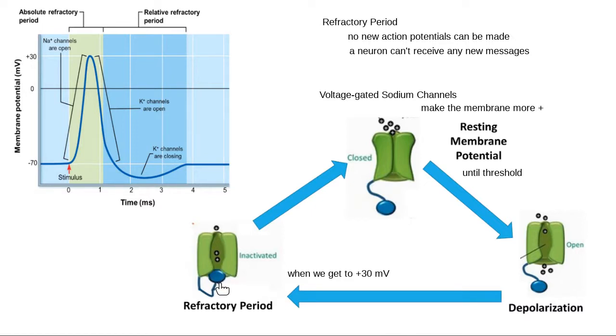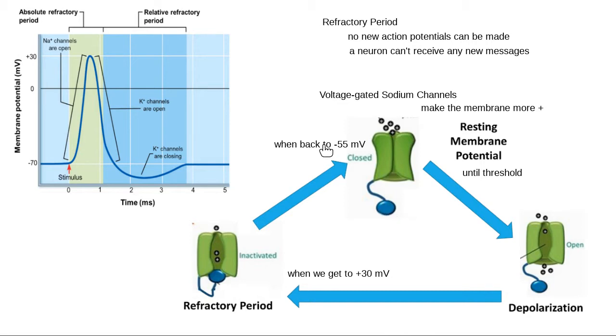This protein is inactivated. As I start to repolarize my membrane, as I go from positive 30 back down to threshold, once I get back to negative 55, I've closed up my channel and I spit out that plug.